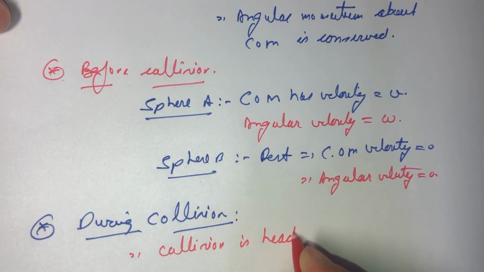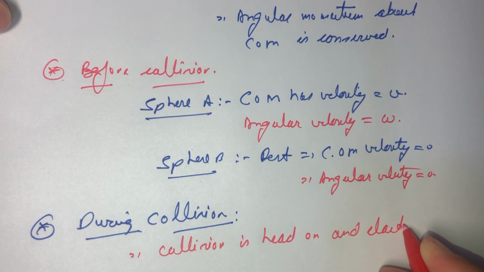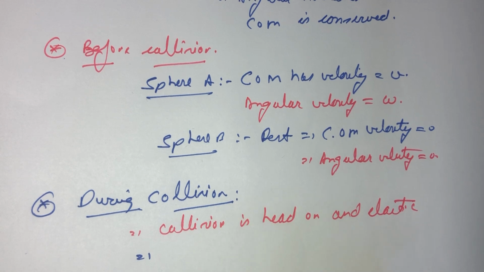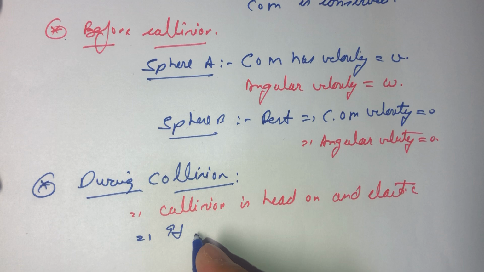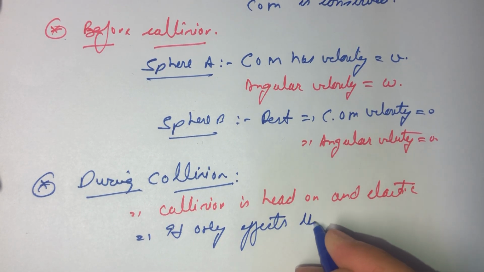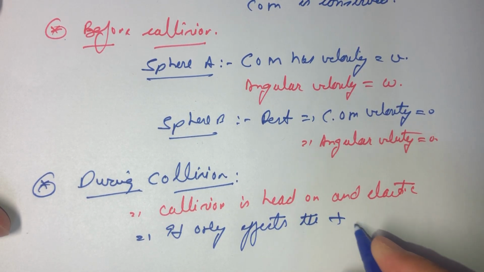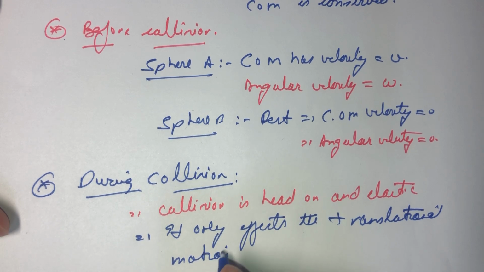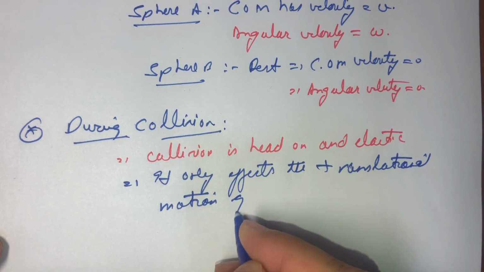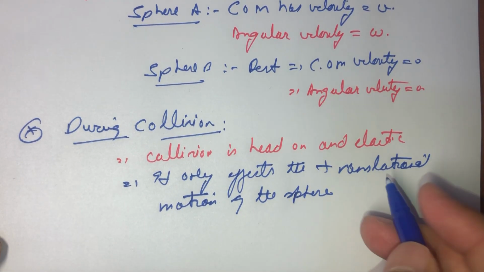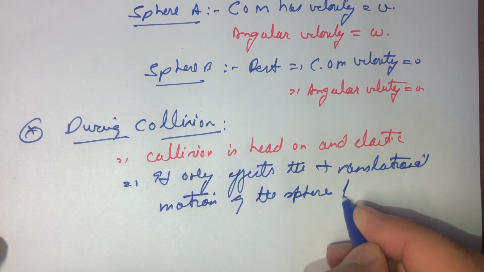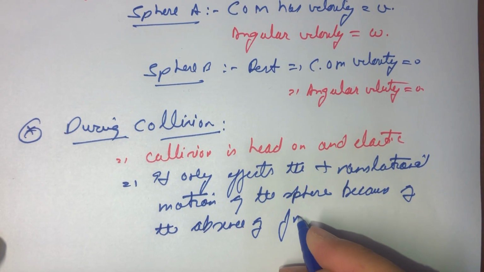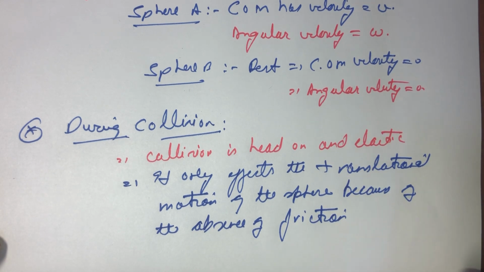Therefore, it only affects the translational motion of the sphere, because of the absence of friction, that is, there is no external torque.